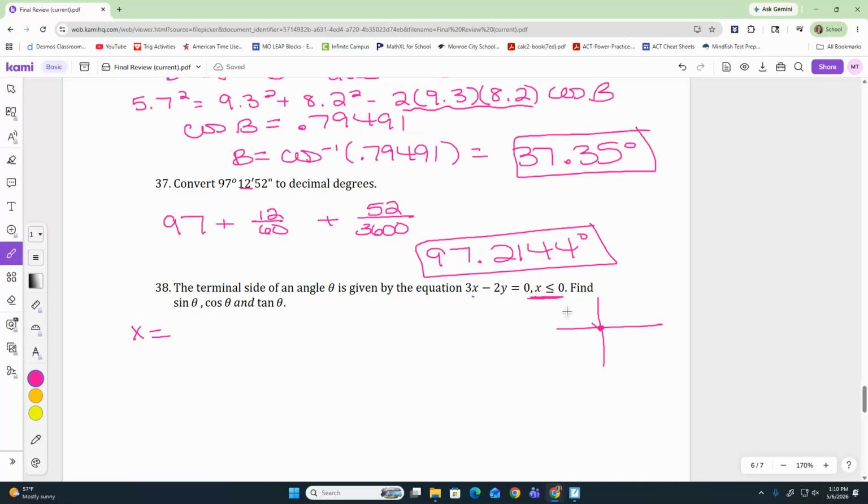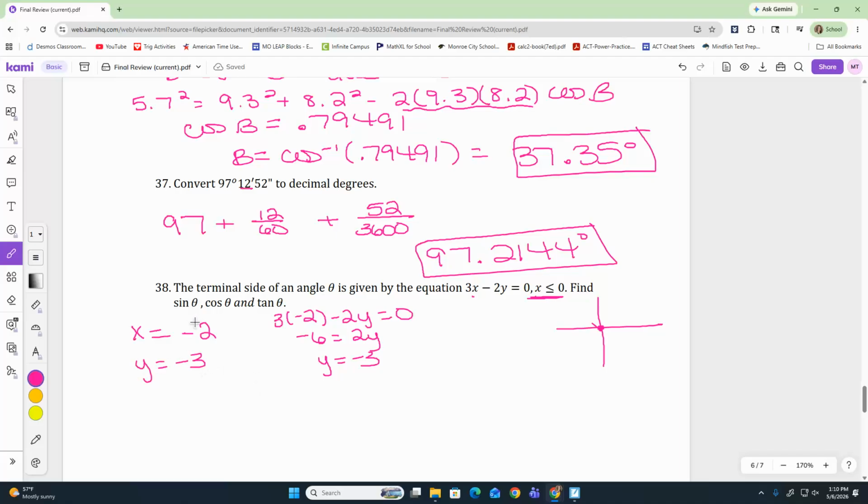So I need a different negative value. Think about it, you are going to have to solve for y, so we'll have to divide by 2. So let's pick an even number and avoid some fractions, just to make the math a little bit easier. So if I did that, maybe I want x to be negative 2. If I plug that in, that means my y is negative 3.